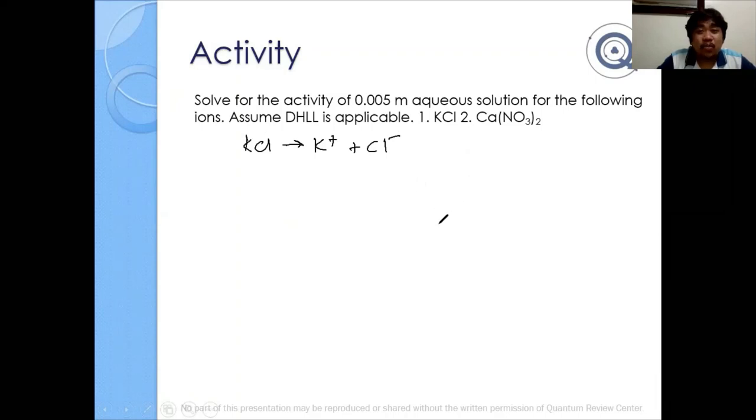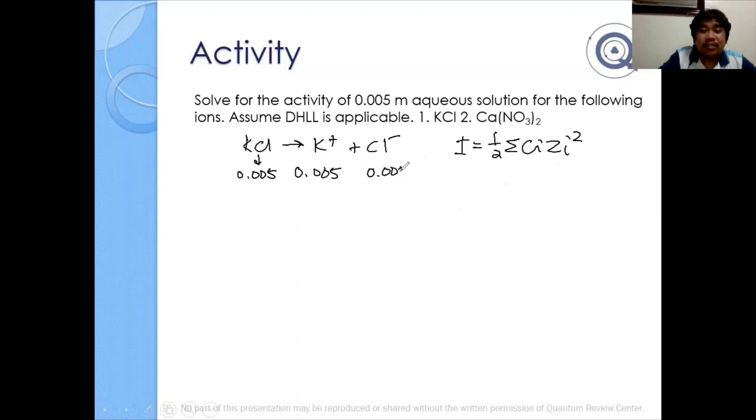So, I or mu, ionic strength, will be obtained from the summation, formula is I is equal to 1/2 times the summation of concentration times the charge squared.